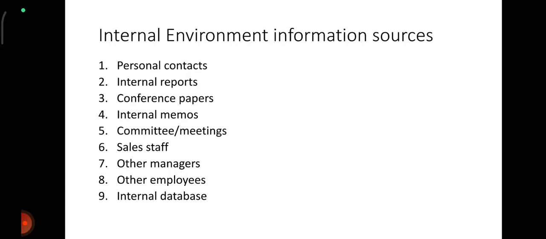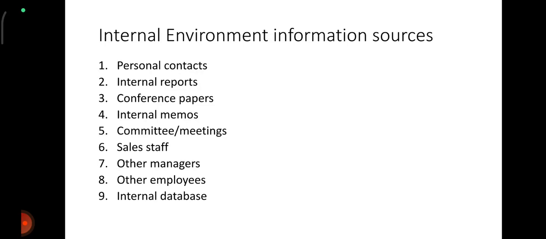Now, internal environmental information sources. These are the questions that could come directly for 2 marks for MBAs. The environmental information sources are personal contacts, internal reports, conference papers, internal memos, committees, meetings, your sales staff, managers, employees, and your own internal database.